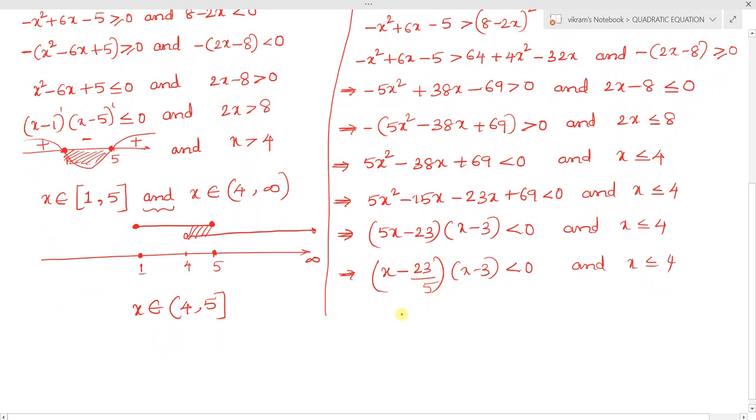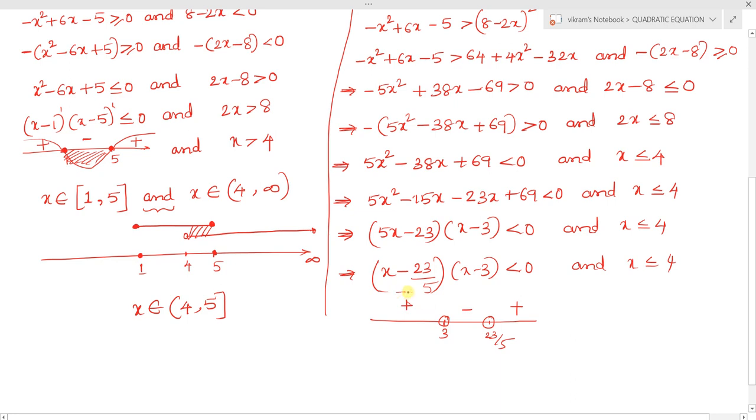Here again it is in the same form. By using the wavy curve method, we can solve this directly. The critical values are 3 and 23/5, which is 4 point something; less than means open brackets. The rightmost region is plus, then the signs alternate: minus and plus.